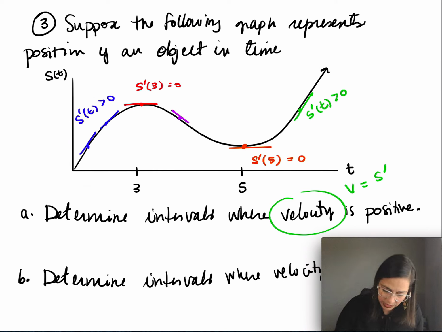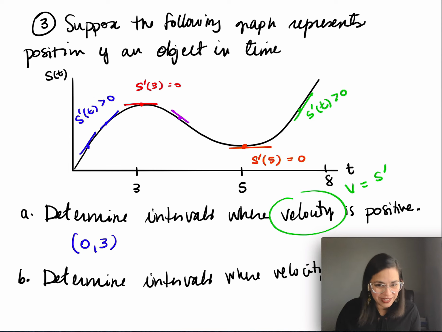So that we don't get too confused, I'm going to change this arrow to 8, whatever. So it is positive from 0 to 3, right? Because we have positive tangent lines, and the tangent line represents the derivative, which is the slope of the tangent line, which is the change in position with respect to time, and 5 to 8.